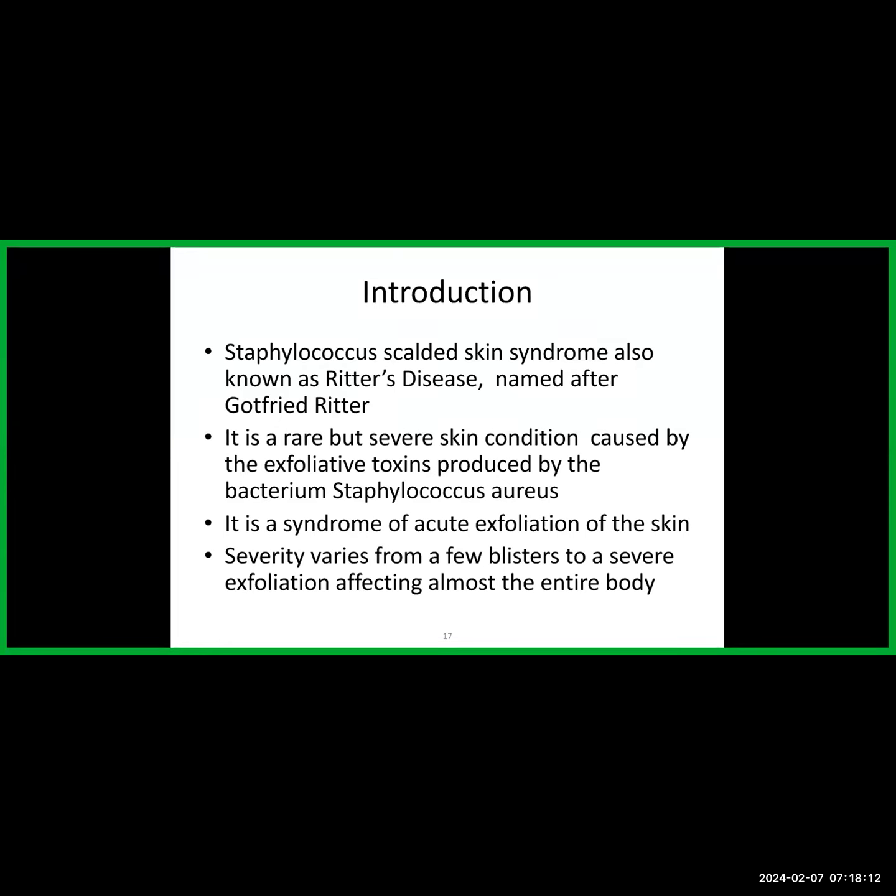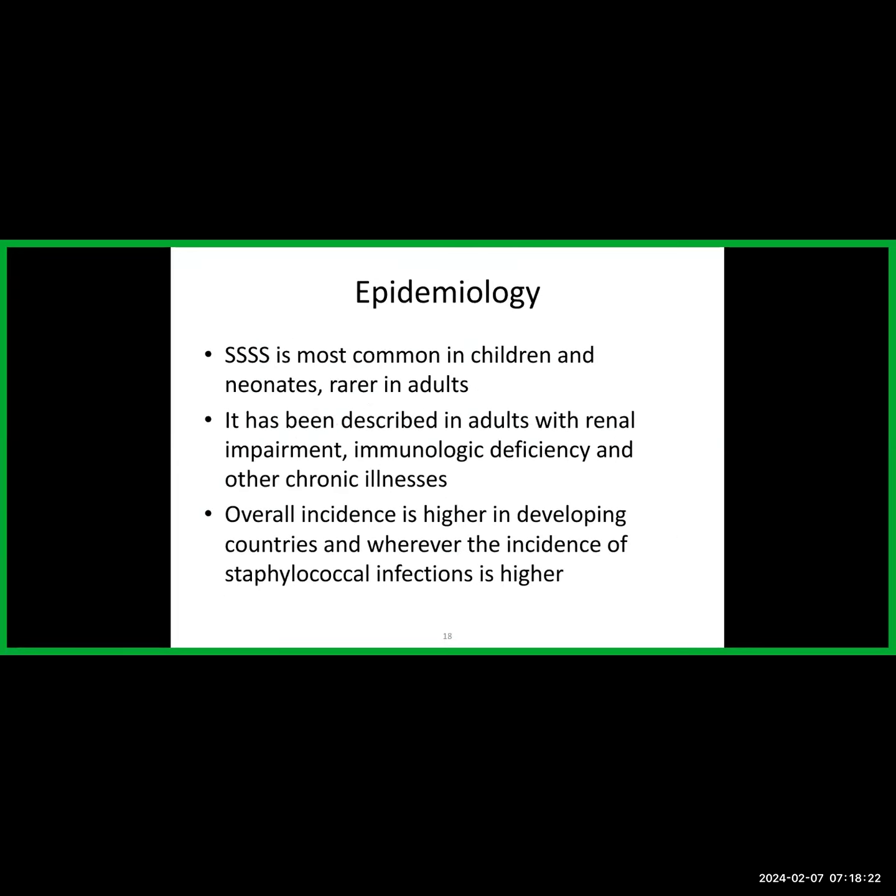It's a syndrome of acute exfoliation of the skin, and severity varies from blisters to severe exfoliation affecting almost the entire body. It is most common in children and neonates, but rarer in adults. It has been described in adults with renal impairment, immunologic deficiency, and other chronic illnesses.